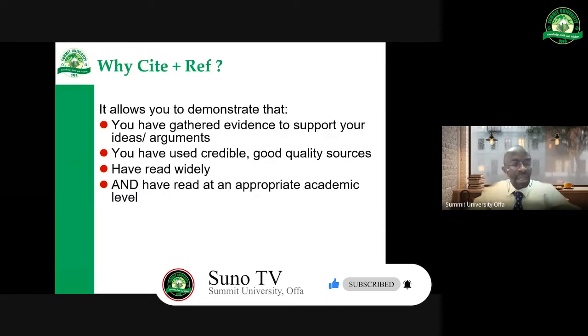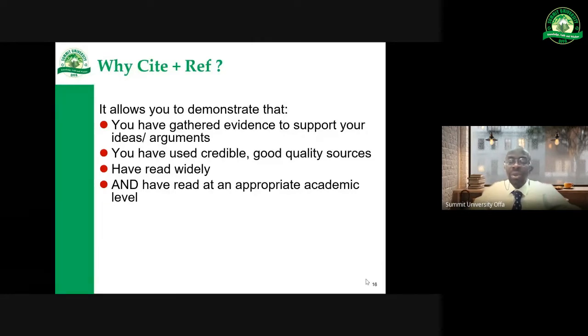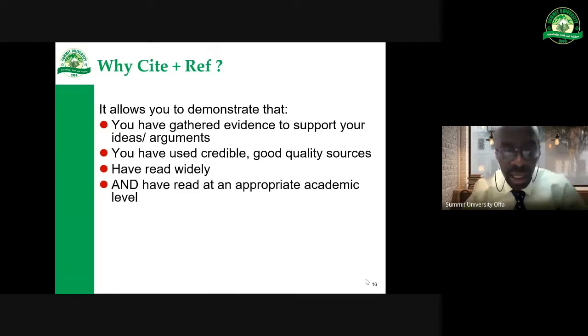You remember that during the first and second sessions, we made a suggestion that for undergraduate thesis work or final year project, 50 articles should suffice, while for masters, we agreed it should be between 100 and 150, and then PhD 250.